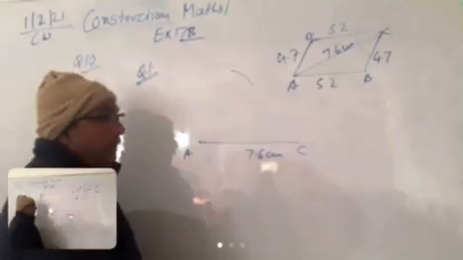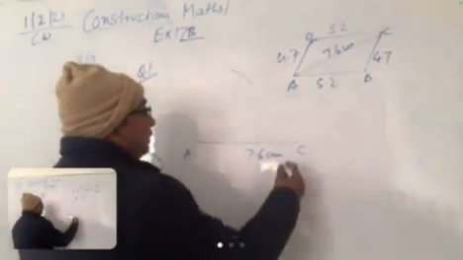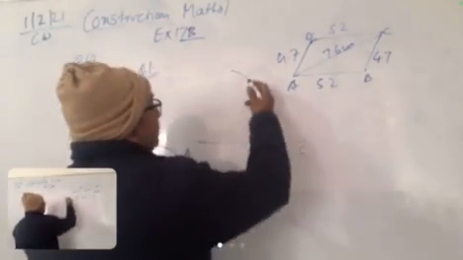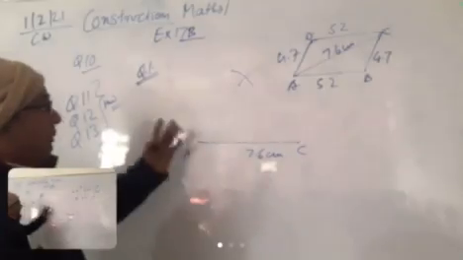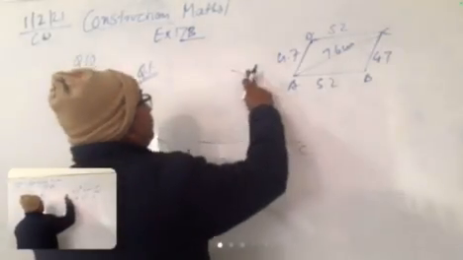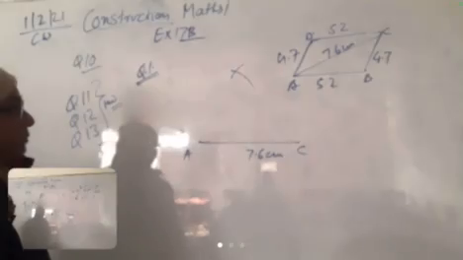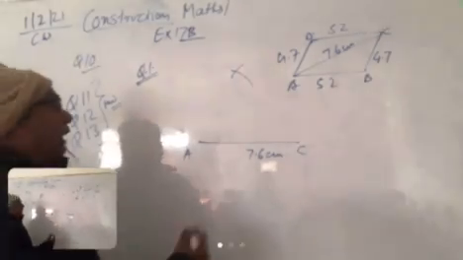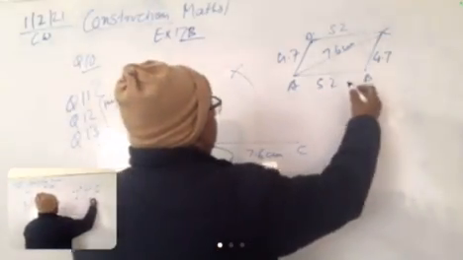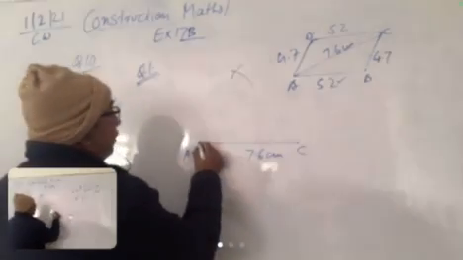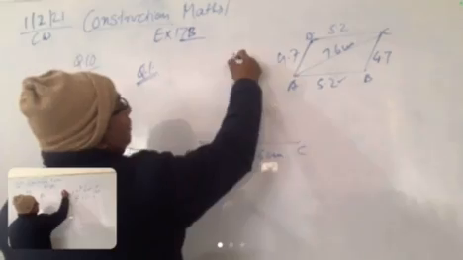And now take a radius of 5.2, put the compass at C and cut the previous arc, that is 5.2 centimeter. Okay. Now this is the point D.